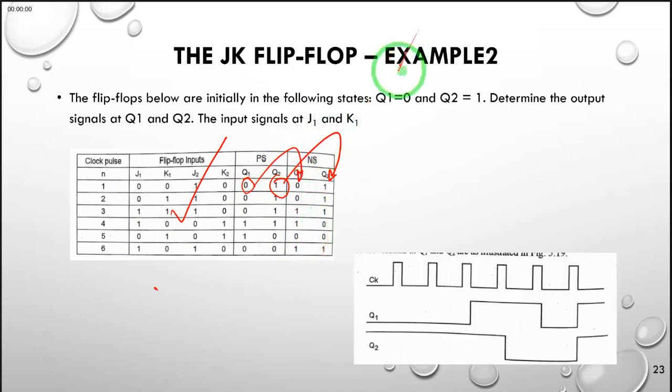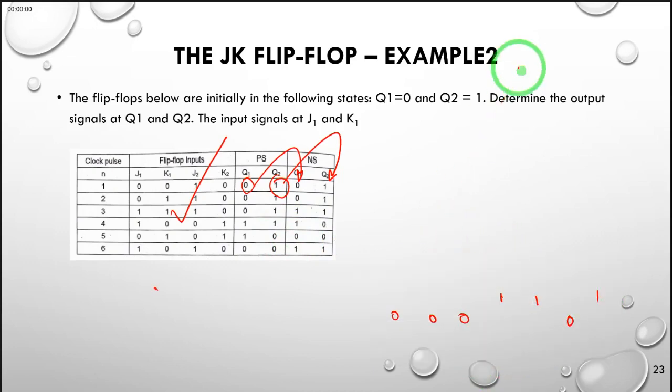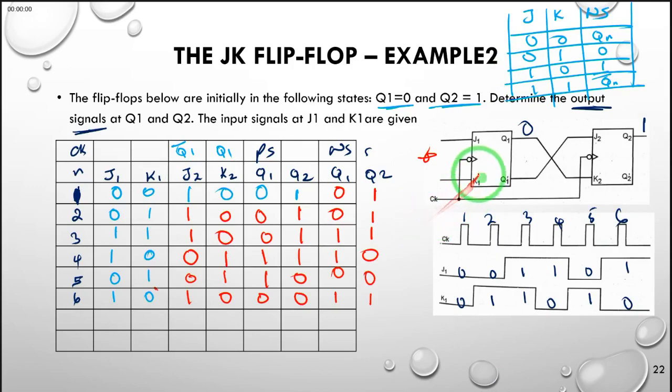We are able to see that this is represented by this waveform: for the first 3 clock pulses, our Q1 is at 0, 0, 0, 0, and for the next 2 it's at 1, 1, 1, and the next 2 clock pulses become 0 and 1.